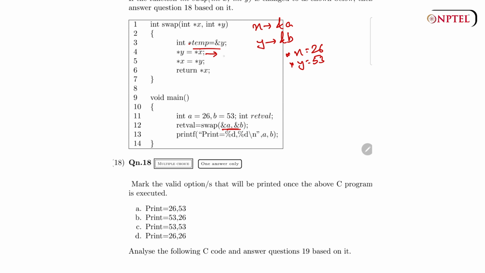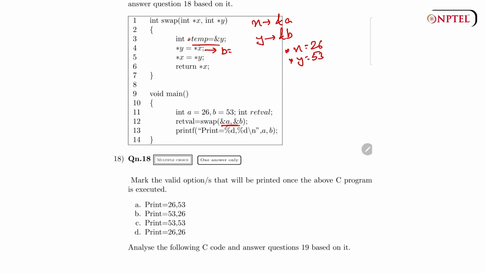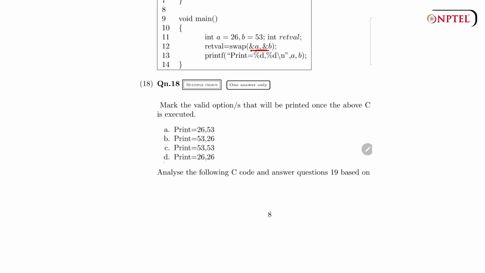So b is going to take the value of a, which is 26, and a is still 26. Then star x, which is a, is going to take the value of star y, which is b, which is also 26. So what they're going to print are both 26, 26.